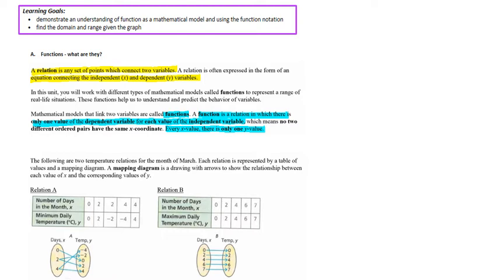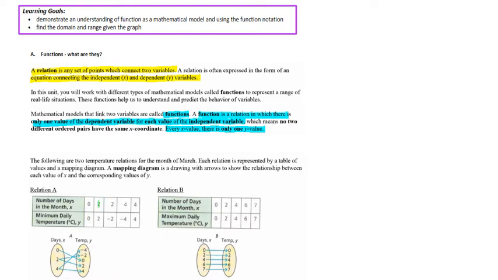One of the ways is in a table of values or a mapping diagram. So here are two relationships between days of the month and the minimum daily temperature. So we'll look first at relation A. So in relation A, we see that the x value of 0 corresponds with the y value of 0.